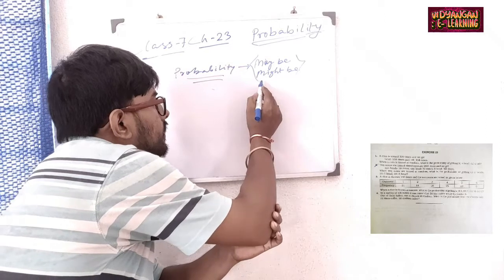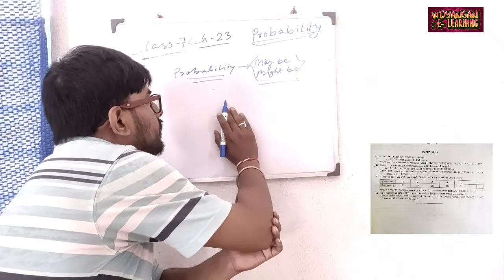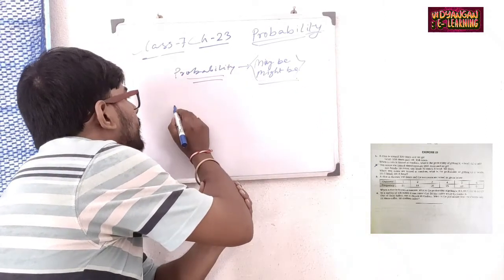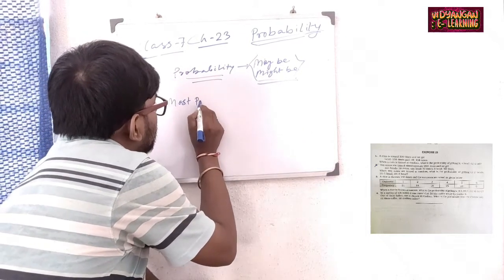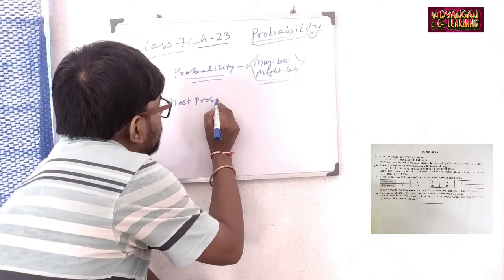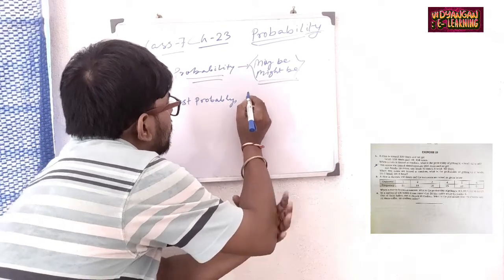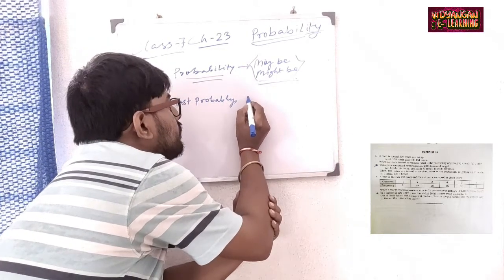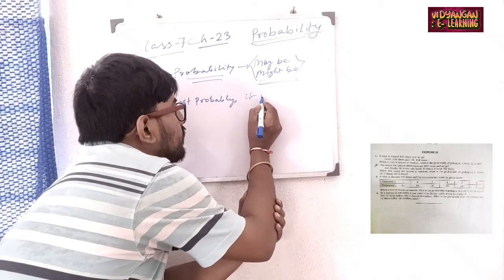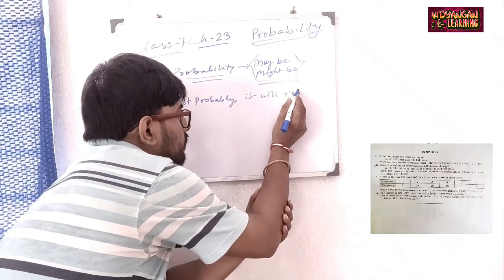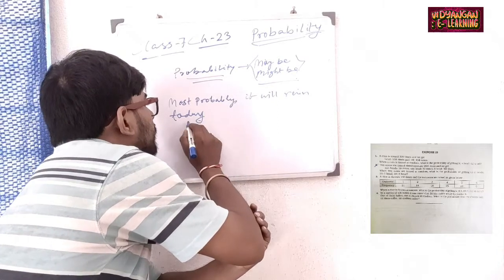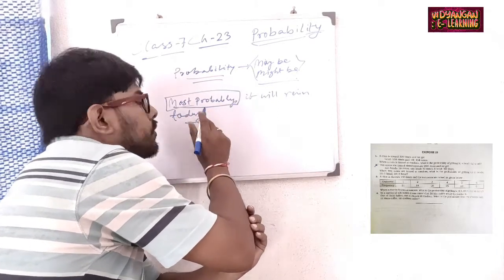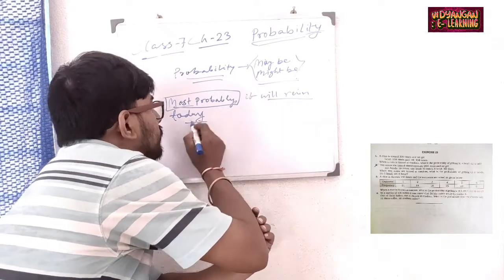That means there may be a chance. Suppose you say most probably it will rain today. It means there is a chance of rain today.